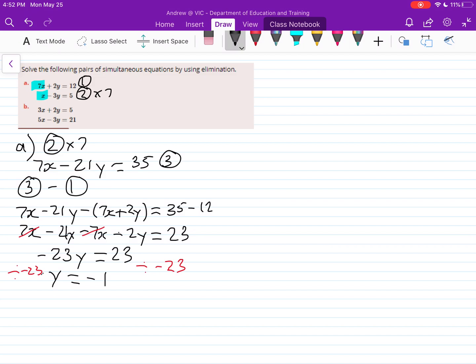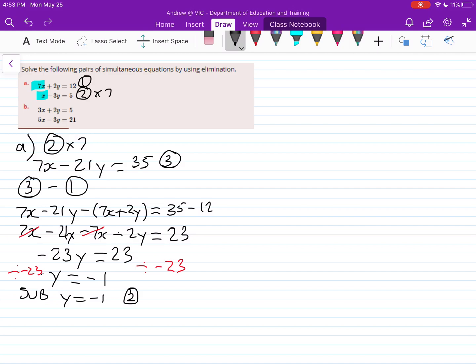With this, we just need to substitute this back into any of our equations that we already have. I'm going to substitute it back into equation 2 before we changed it, because x is by itself there. So they're normally easier to work out and take fewer steps. So I'm going to sub y is equal to negative 1 into equation 2.